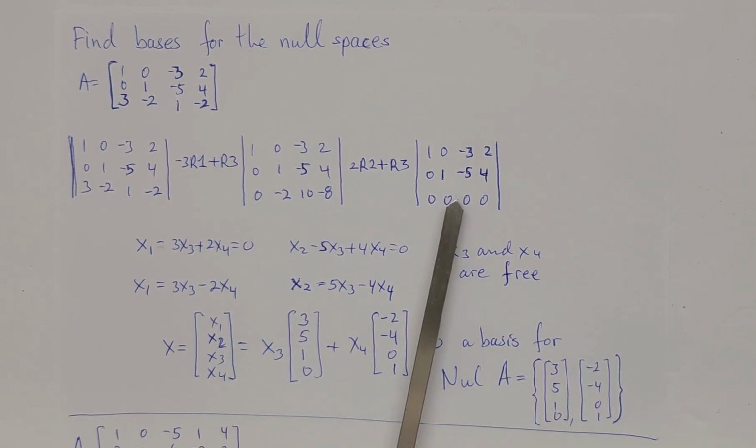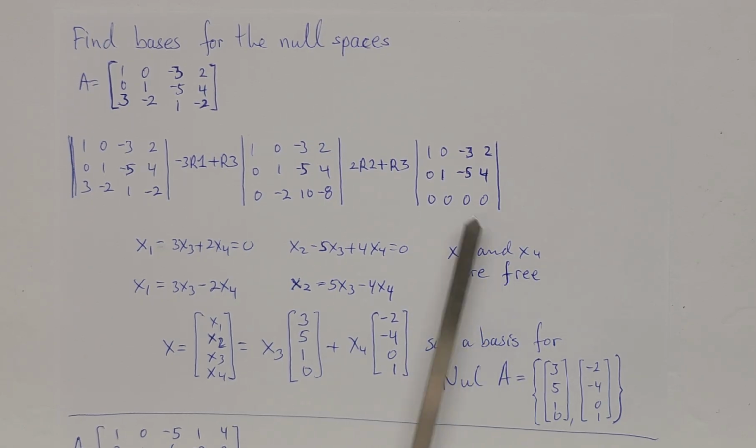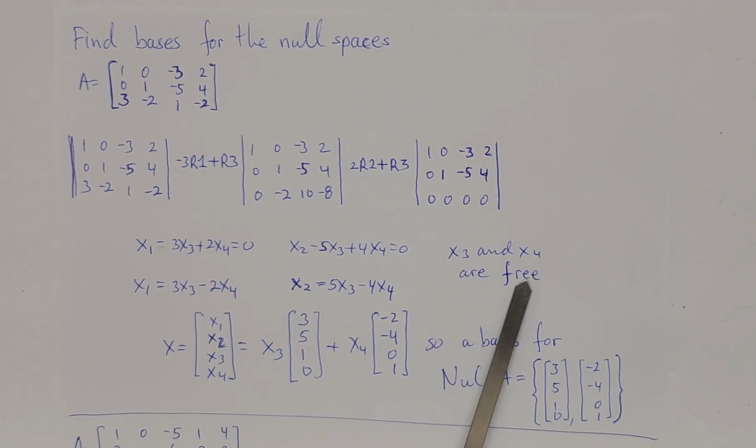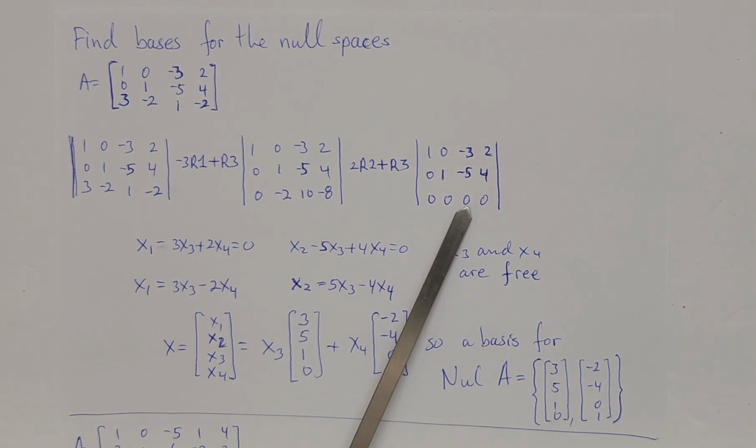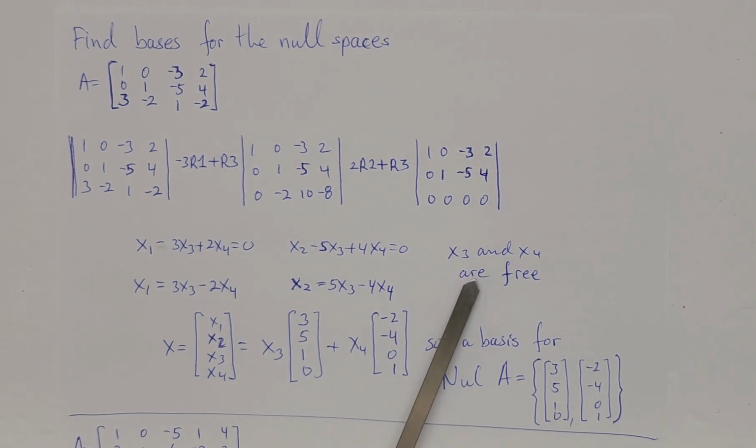Okay, this right here is x3. Because it's a 0, we have free space. This right here is x4. Because it is a 0, we have a free space. Okay, so when there's a 0 in the pivot position, then we will have a free space.